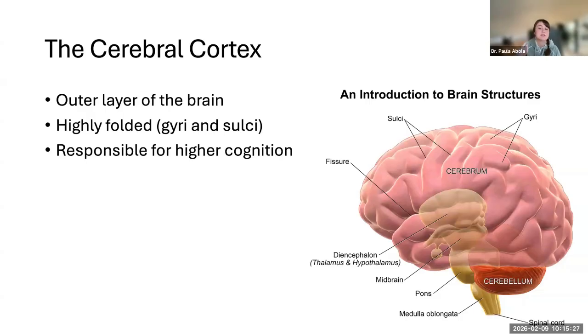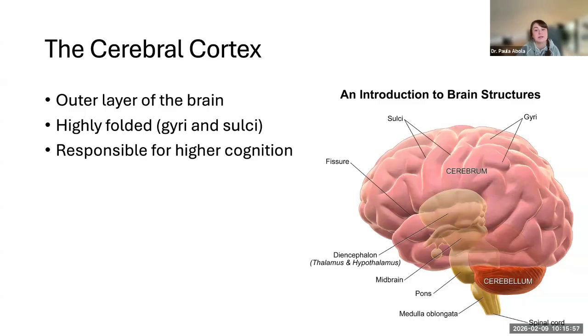So this increased surface area supports more complex processing and greater connectivity between brain regions. Also, from an evolutionary perspective, cortical folding represents an efficient way to expand cognitive capacity without requiring a proportionally larger skull. So this is why we have the folds and we don't have to increase the actual size of our skull.